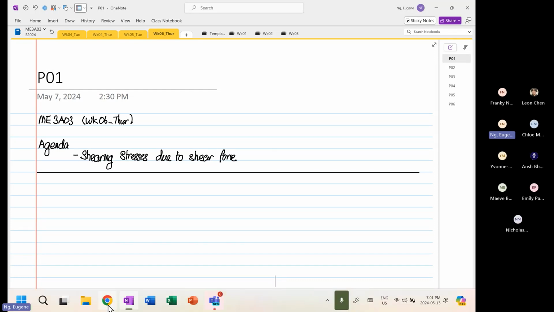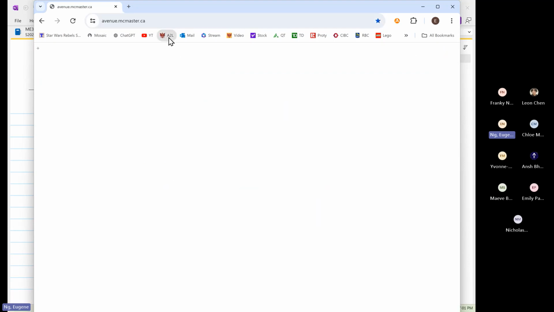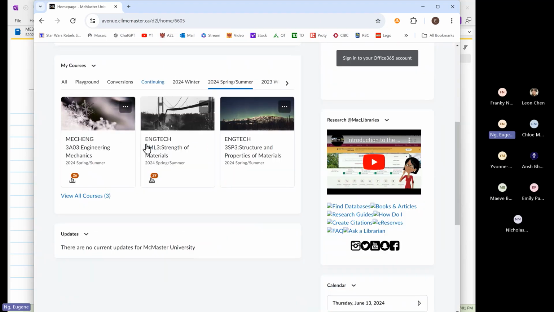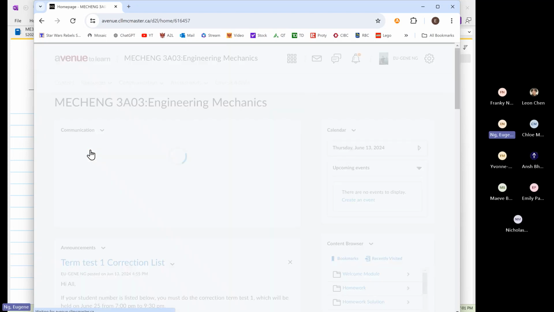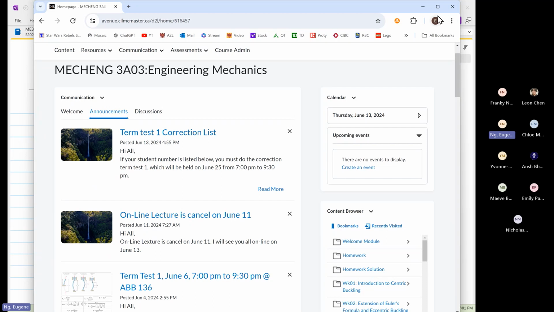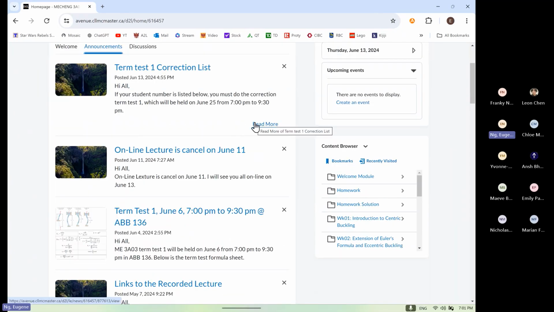Before I go on, I have posted the grades for term test 2, and also a thing to take note. So the students that did not pass, sorry, the grades for term test 1 are out.